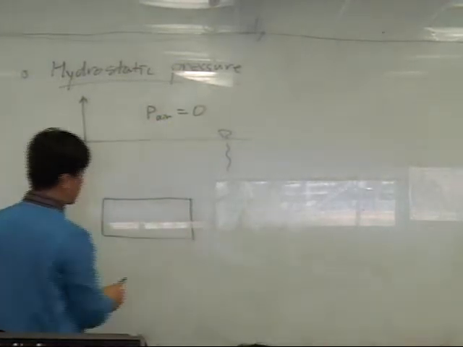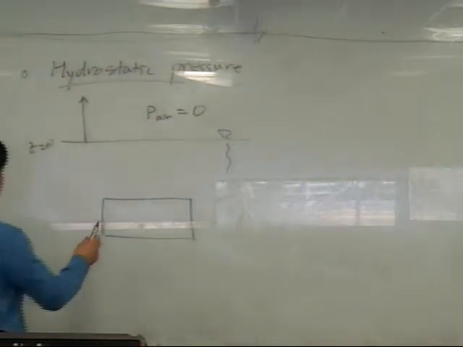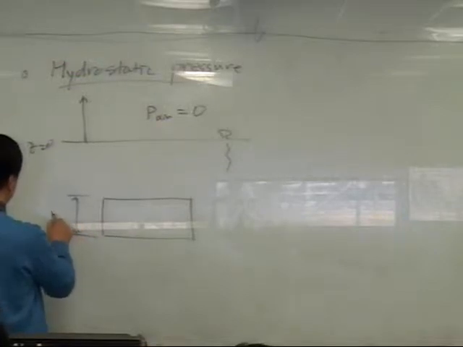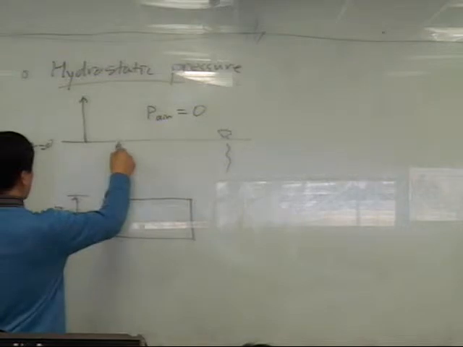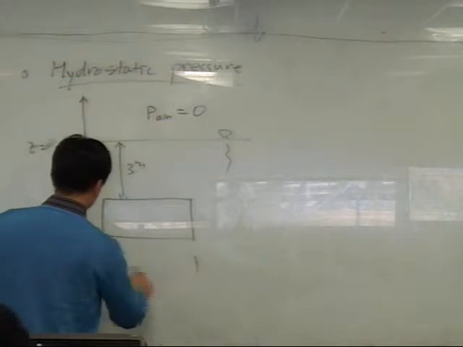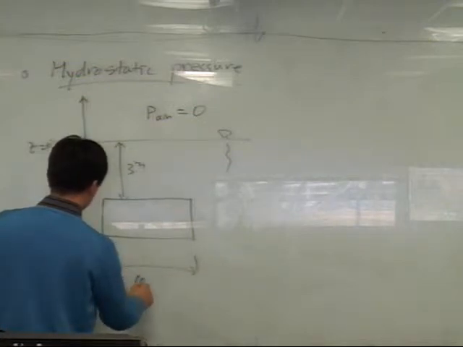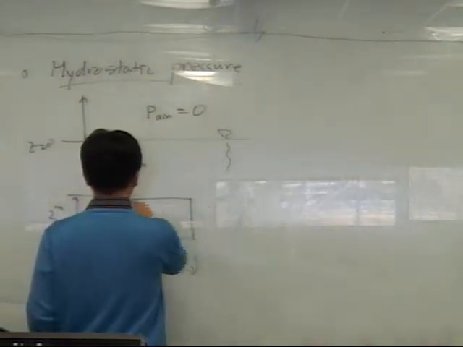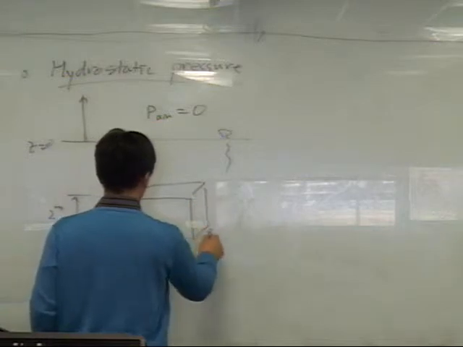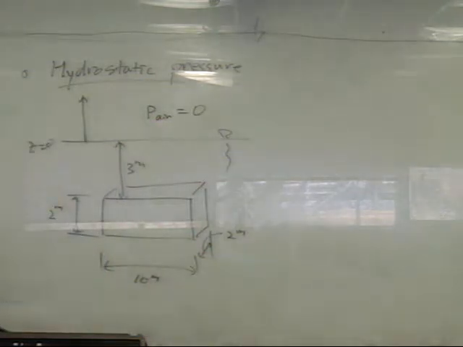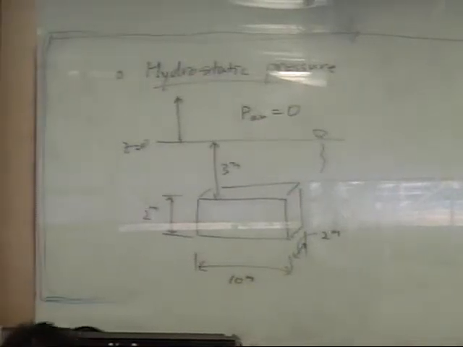Okay, its dimensions: let's say this is 2 meter, 3 meter, and 10 meter. Okay, and the body width is 2 meter. Then we can calculate all the pressure applied on all the surfaces of this body, right?